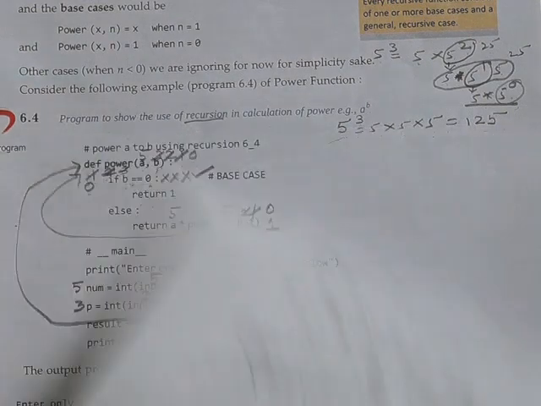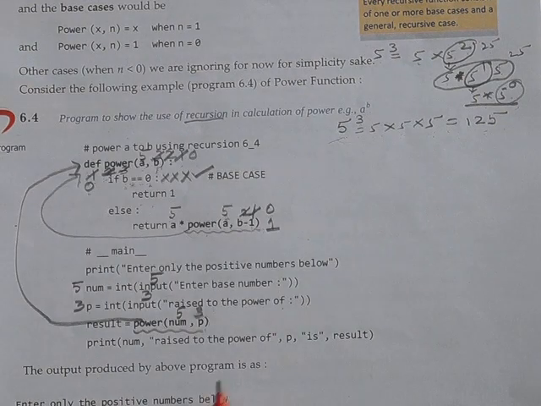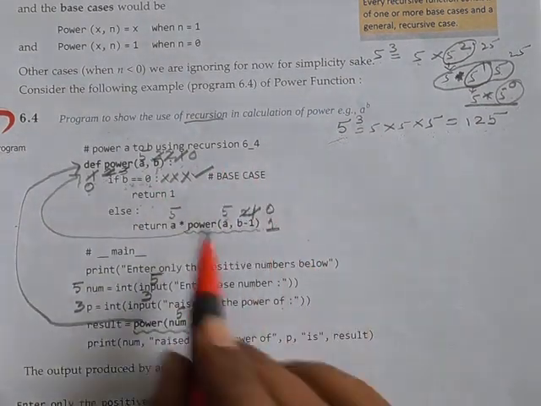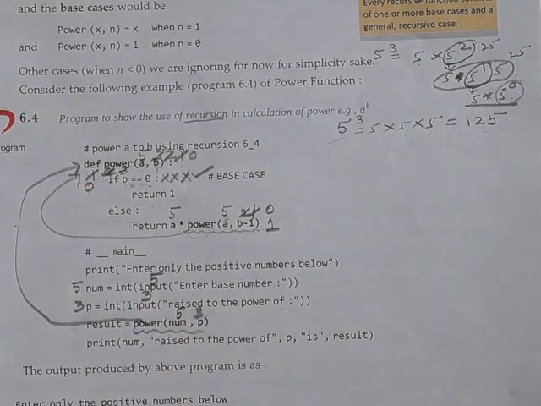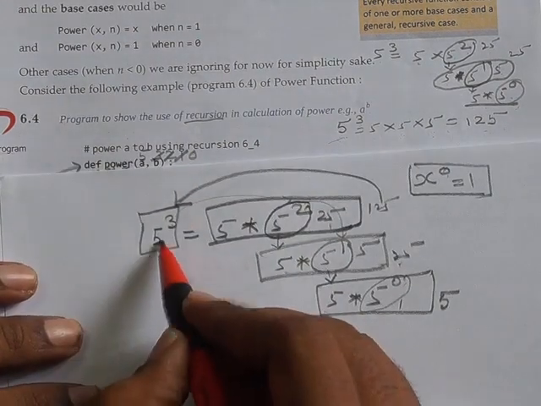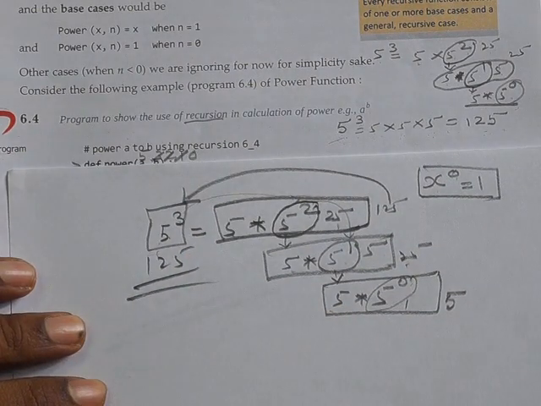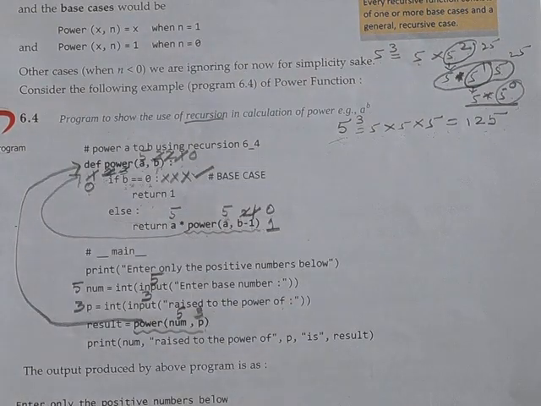Got it? Okay. So the same concept is applied here. Okay, fine. So at last, you come here. What is the value of 5 power 3? The answer is 125. Got it?